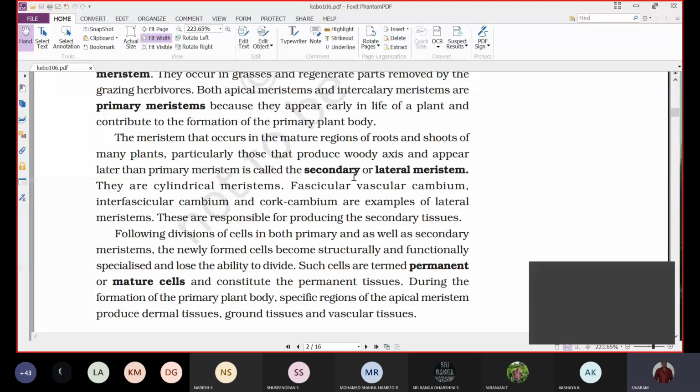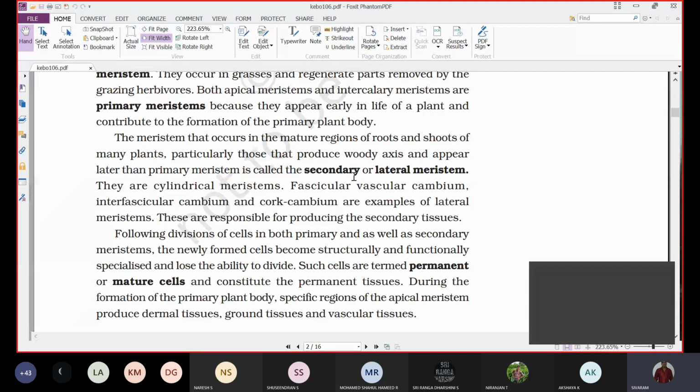As it is developed in the later period of the development of the plant body, that's why we are calling it a lateral meristem or a secondary meristem, because it is responsible for the secondary growth.